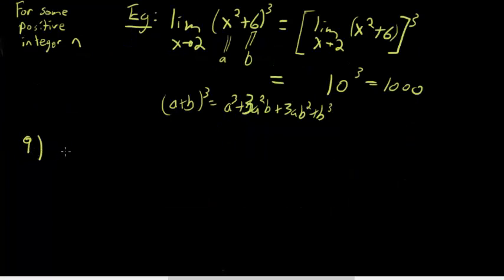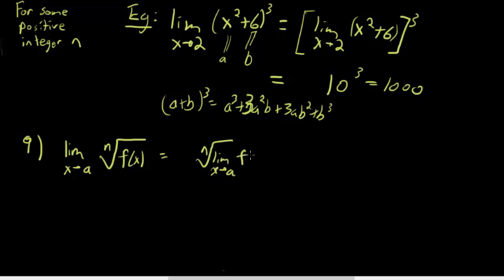So here's property number 9. The limit as x tends to a of the nth root of f of x is the nth root of the limit as x tends to a of f of x, and this is provided that this limit exists.